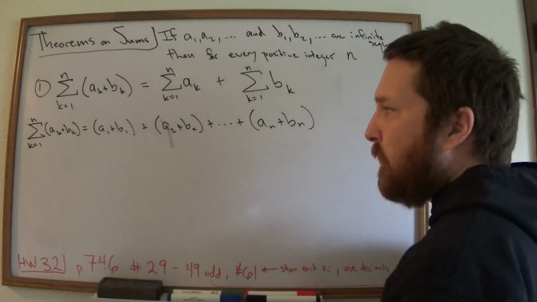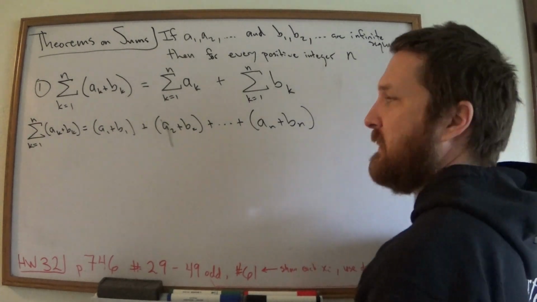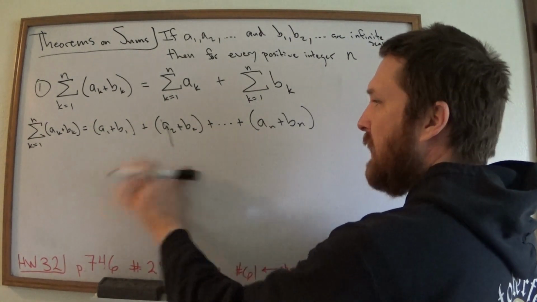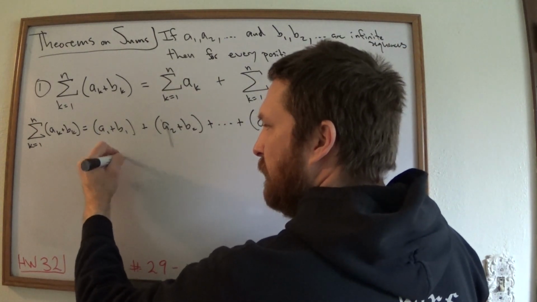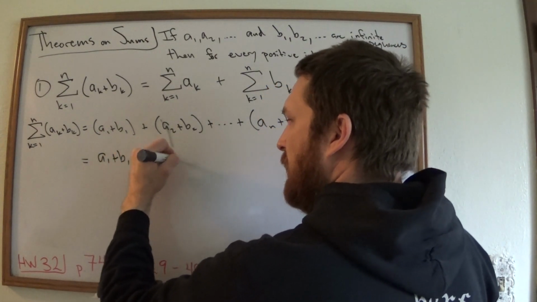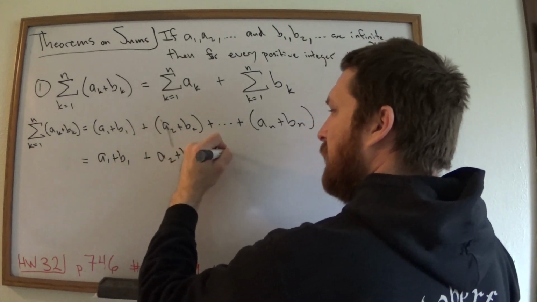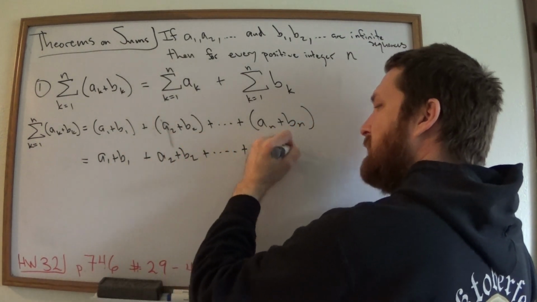Well, those parentheses don't matter because we're just adding stuff together. There's nothing multiplied on the outside. Okay, so I could drop all the parentheses. A1 plus B1 plus A2 plus B2 plus all the way up to AN plus BN.